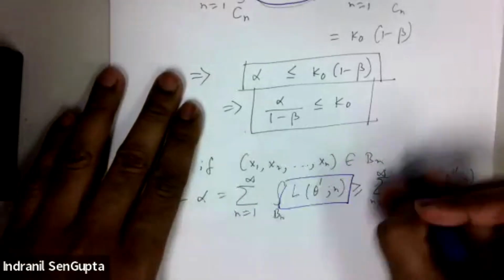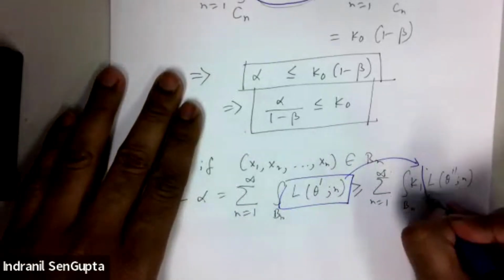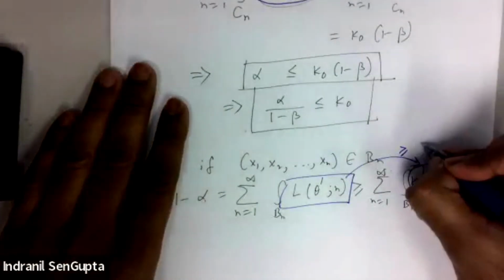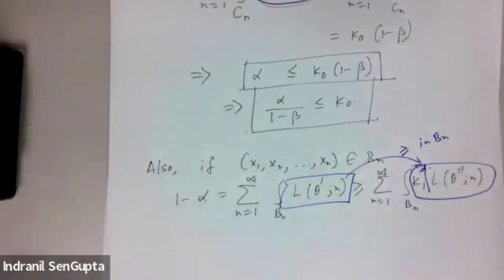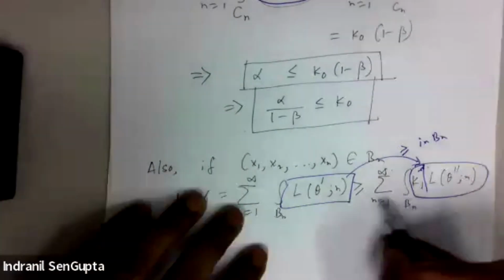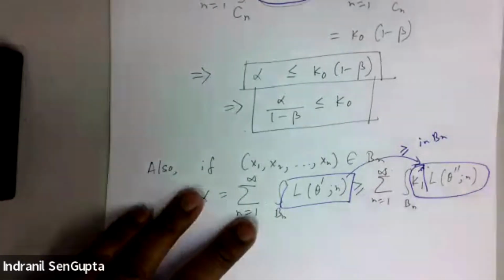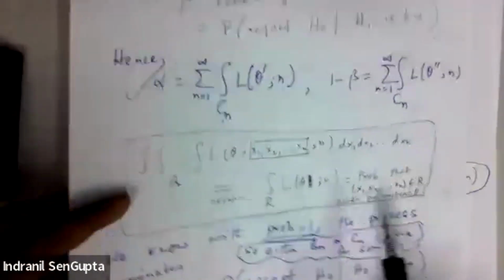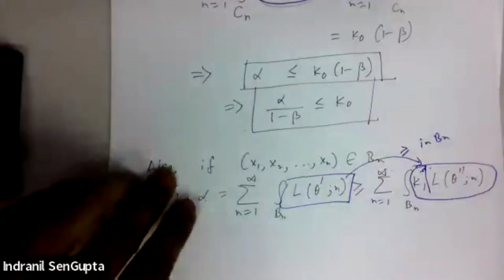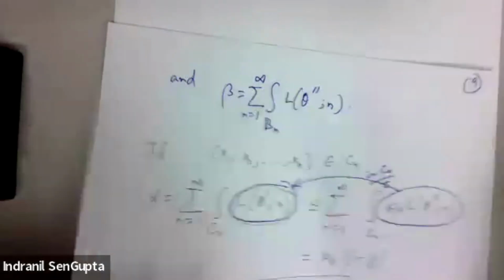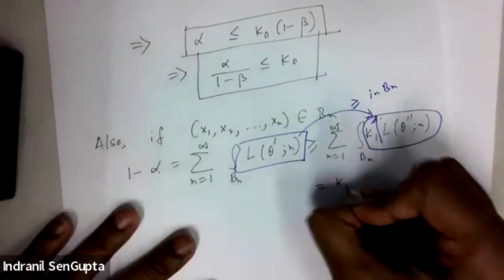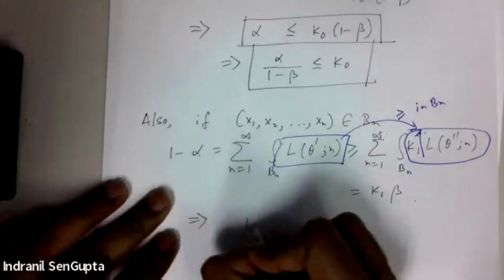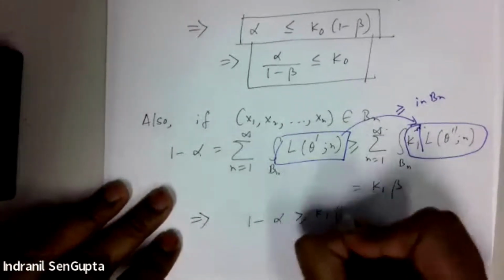So here this and this are compared. If I pull out k1 and we have the last integral, that is really speaking beta. Look at the value of beta that we derived. So it's right here, beta. So this is k1 times beta. That means we must have 1 minus alpha bigger than or equal to k1 beta.